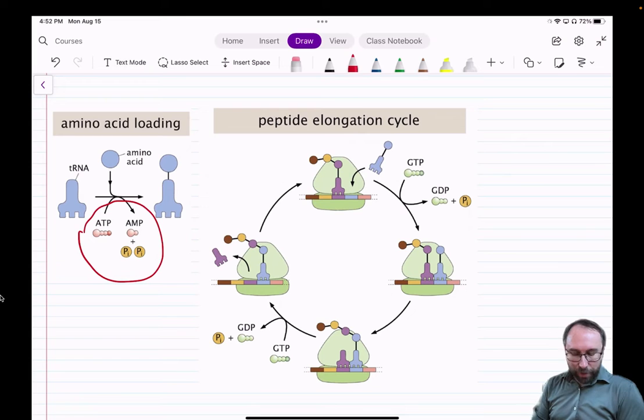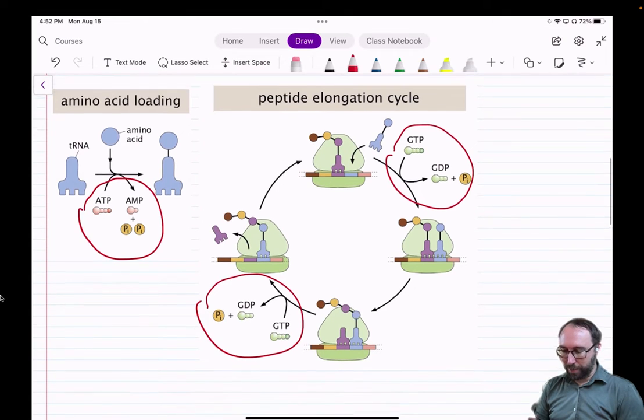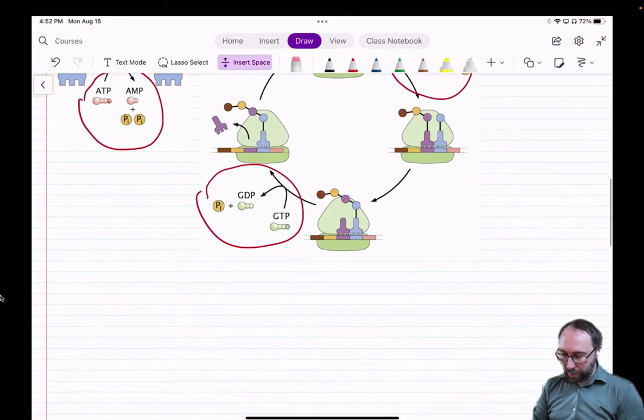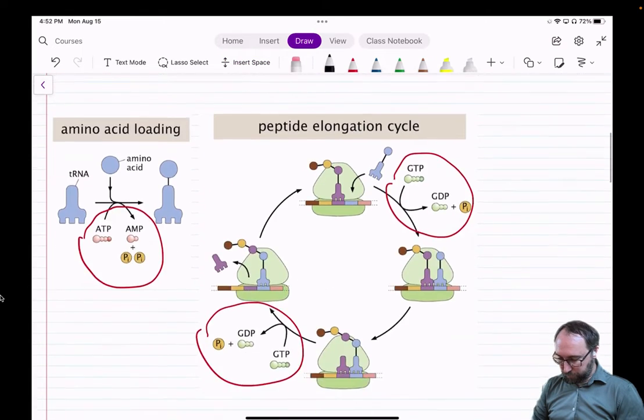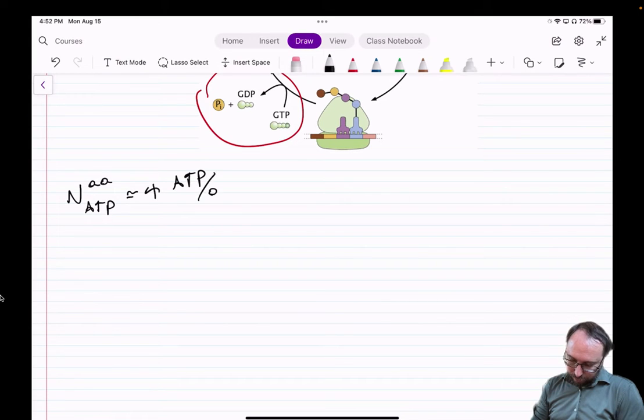And then every time you incorporate an amino acid, you use 2 more ATP equivalents to assemble the polypeptide. Okay, so what I'm telling you is that because of this, the number per amino acid of ATP is on the order of 4 ATP molecules per amino acid.